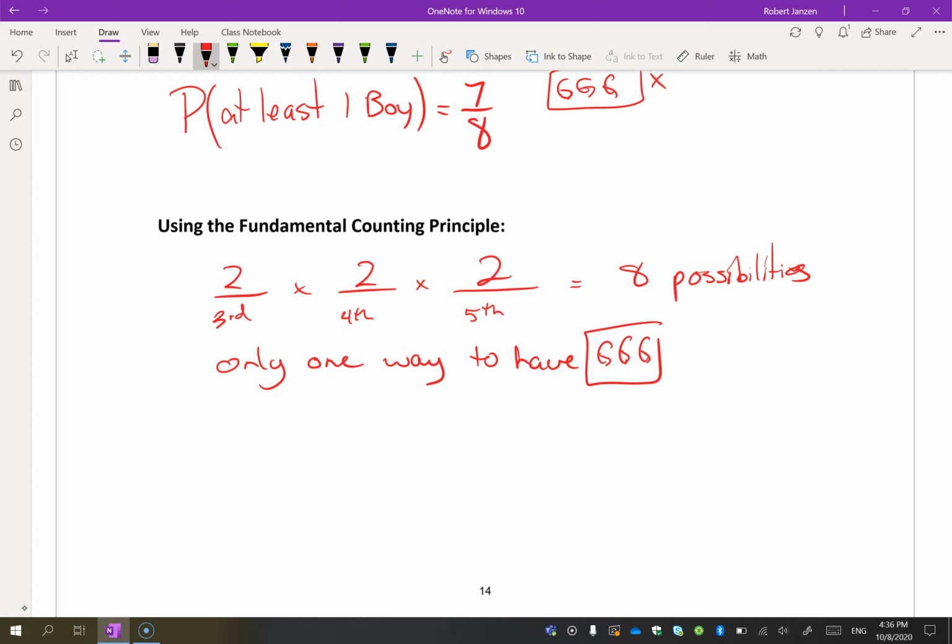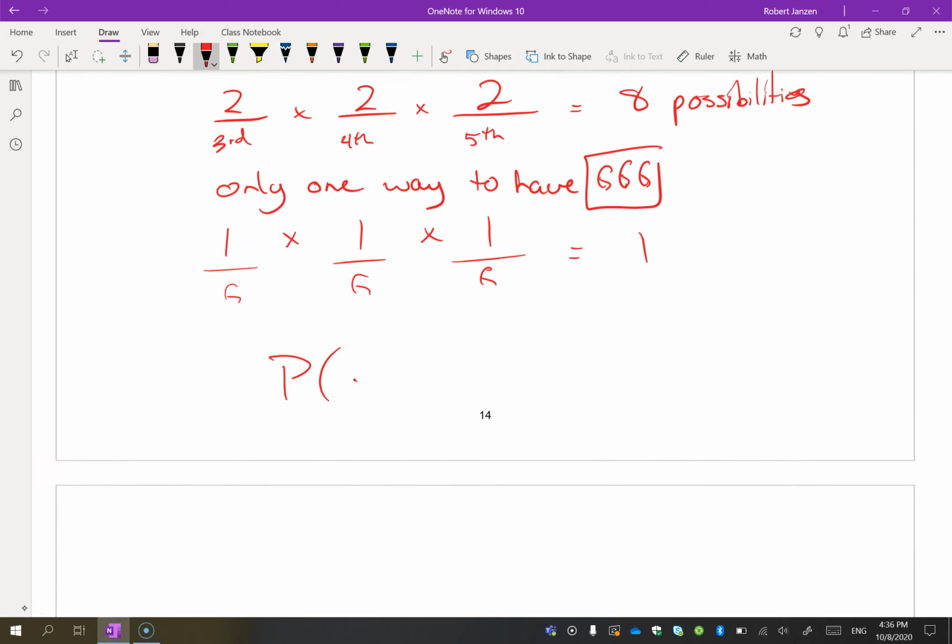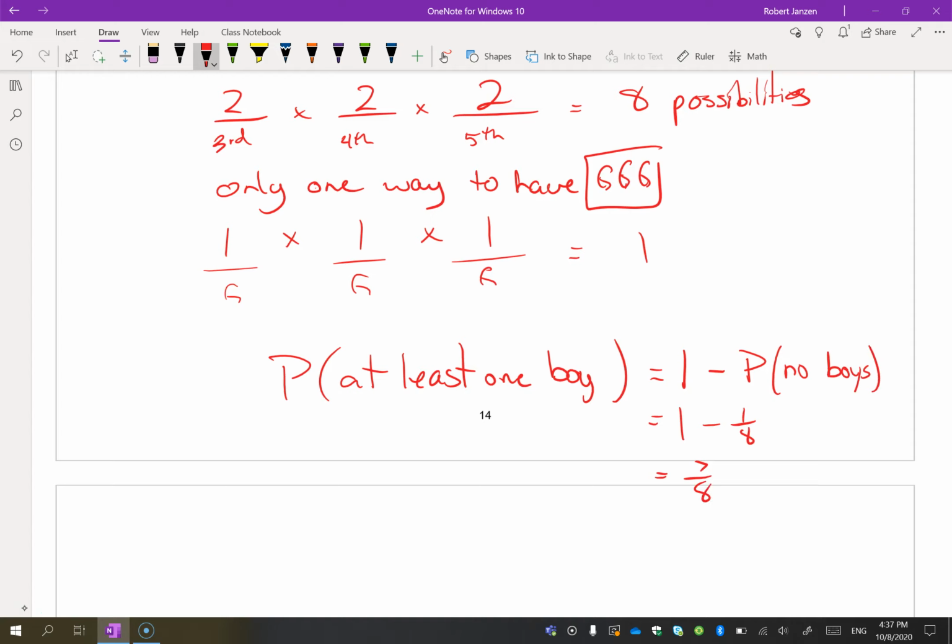That would be 1 times 1 times 1 if we wanted 3 girls. So again, the probability of at least one boy would be 1 take away the probability of no boys, in other words, all girls. So this is 1 minus 1 over 8, which is again 7 over 8.